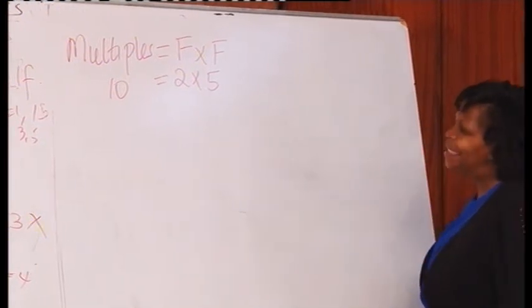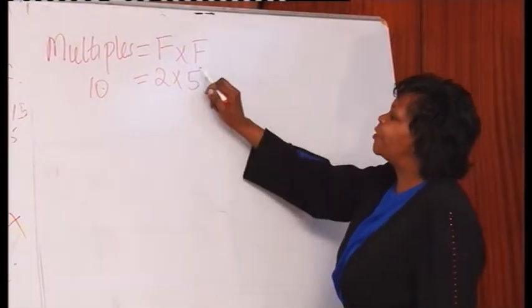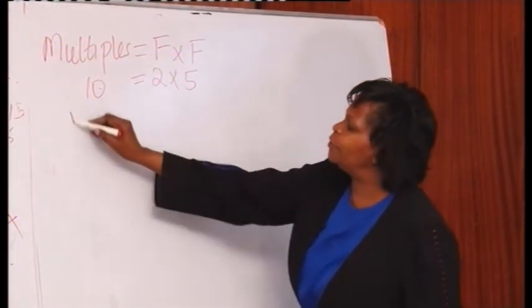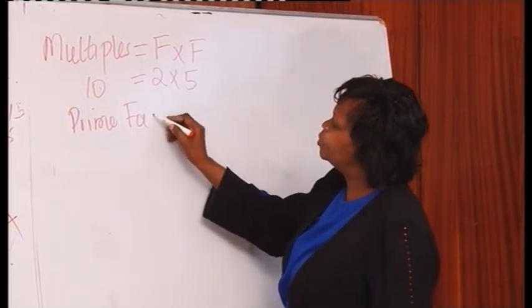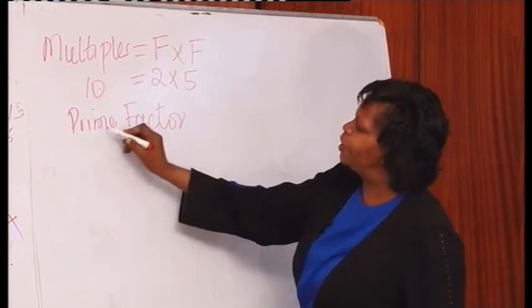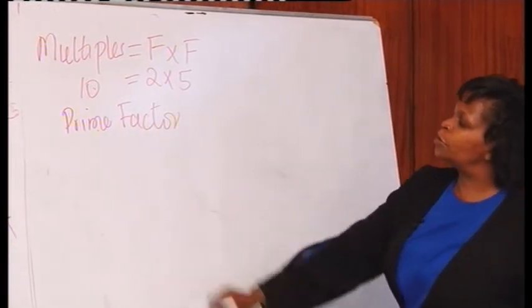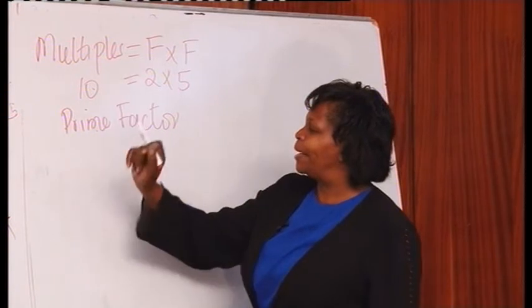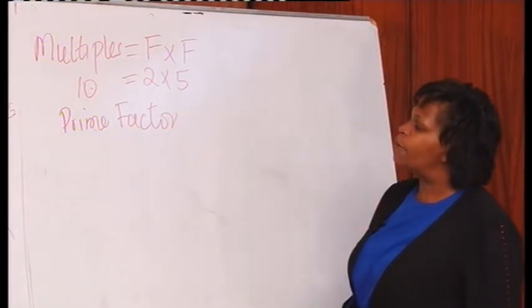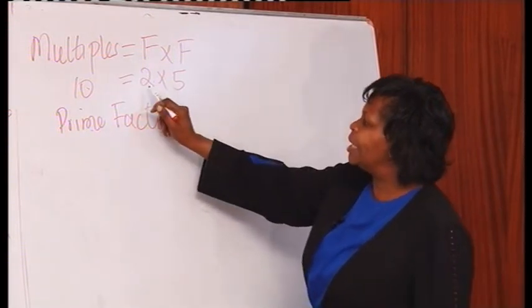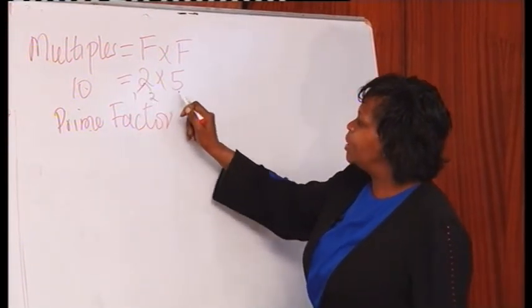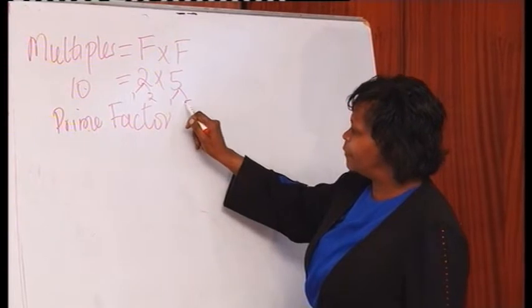So, for me to get the prime factors of 10, I'll be looking for numbers that can be multiplied to get that number, but are in prime form. That is, the number you're going to get will only have 2 factors. That is 1 and 2. This one will be 1 and 5.